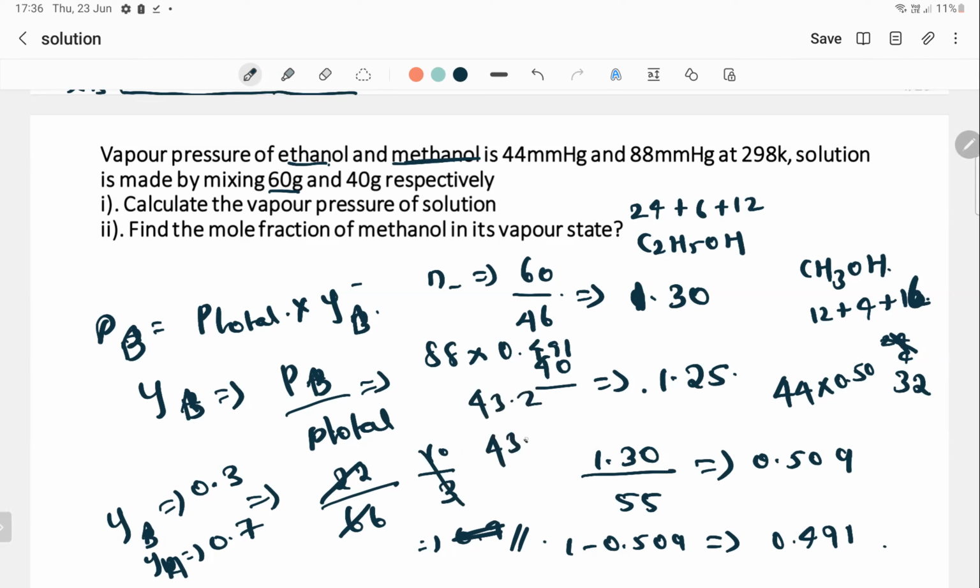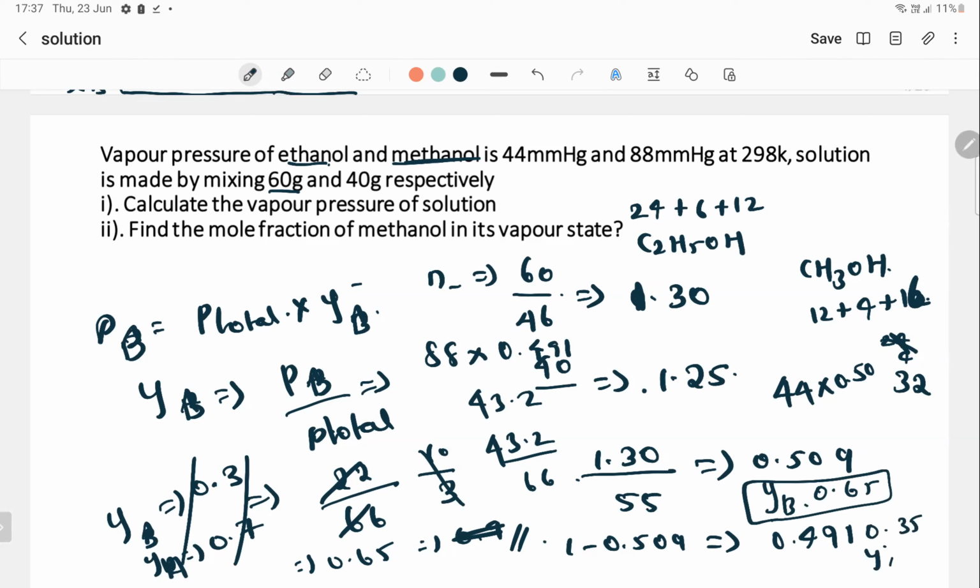So 43.2 divided by 66 is 0.65. Who said 0.3? So if 0.65 is your YB, then 0.35 will be your YA. That's it.